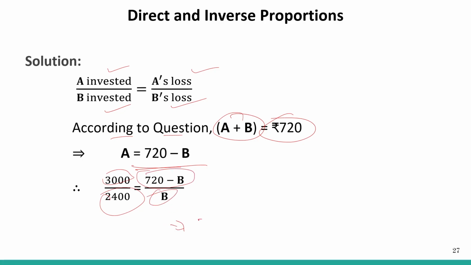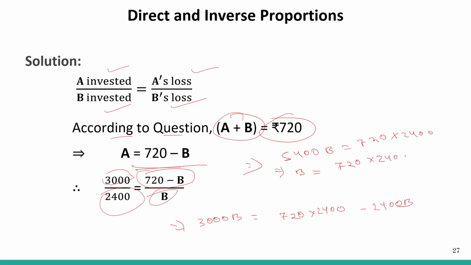So this implies that 3000B is equal to 720 into 2400 minus 2400B, right? So this implies that this will become 5400B. Okay, 5400B is equal to 720 into 2400. So this implies that B is equal to what?